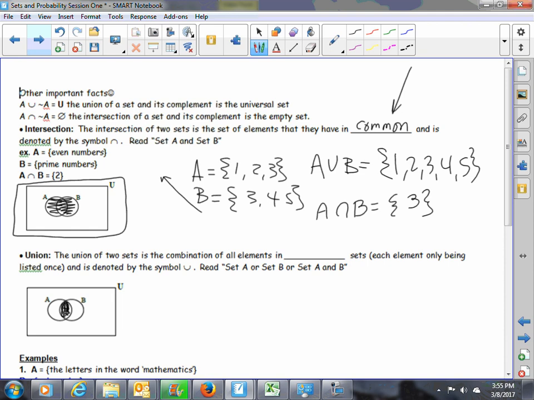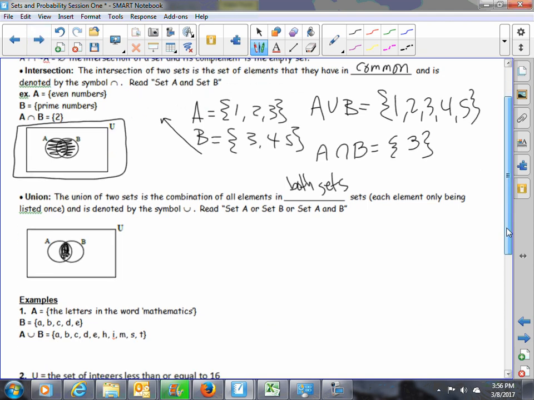The union of 2 sets is the combination of all elements in both sets, with each element only being listed once, and is denoted by the U symbol. We read set A or set B or set A and B.